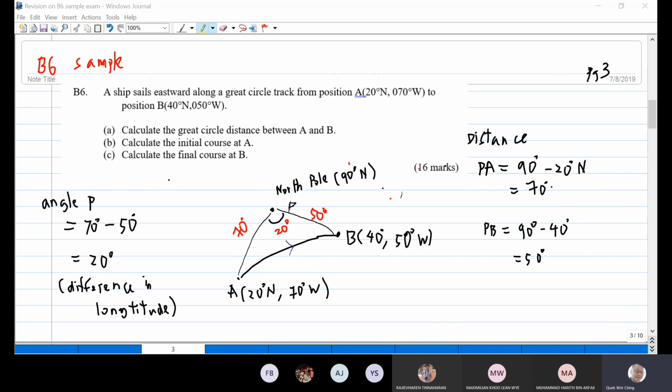So the difference in angle is the distance, because this is how you measure the distance between 2 points, by degree. The difference is 70 now. And also the difference for PB now is 50, right? 90 minus 40, 50. So you know the side PA is 70, PB is 50.